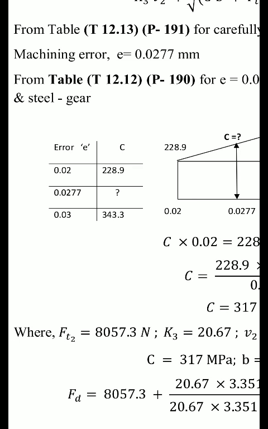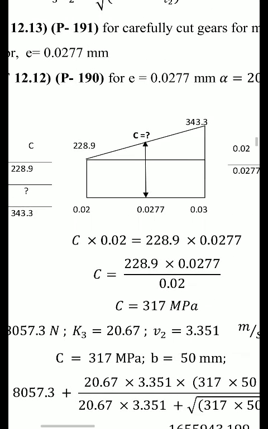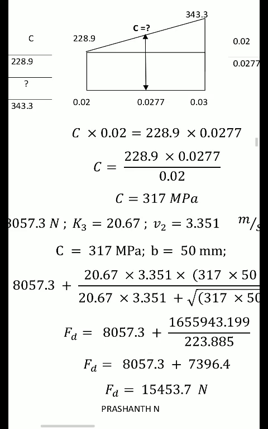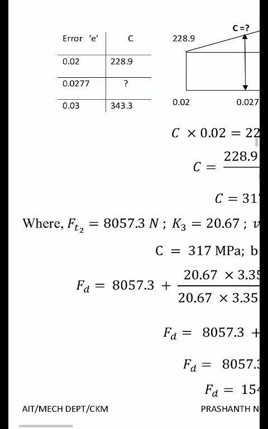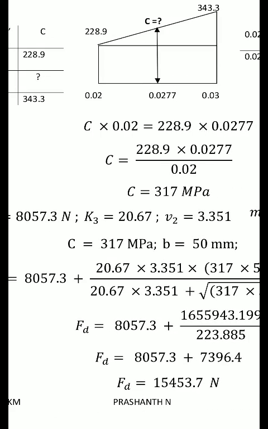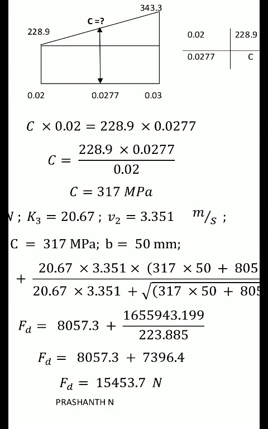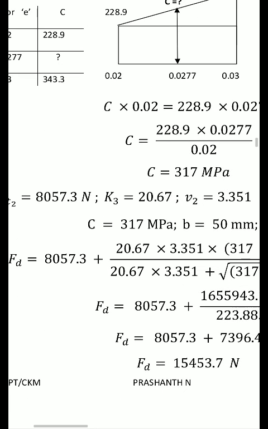The error lies between 0.02 and 0.03, at 0.0227. Also the C values are 22.8 and 343.3. I have to do the interpolation by cross multiplication to get the value of C. Ft2 value, k3 value 20.67, v2 value 3.37. Next, C is 3.17 megapascal, b is equal to 50.